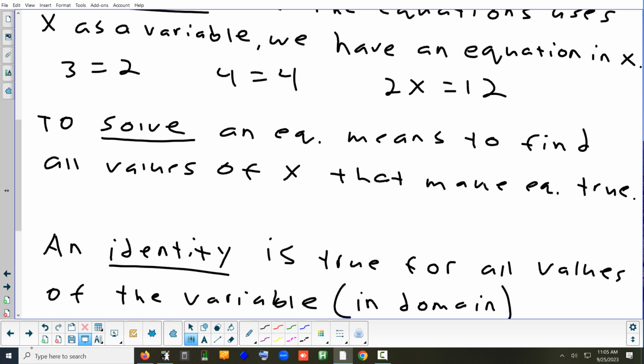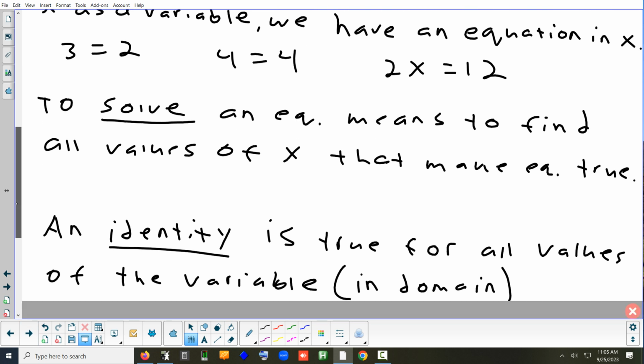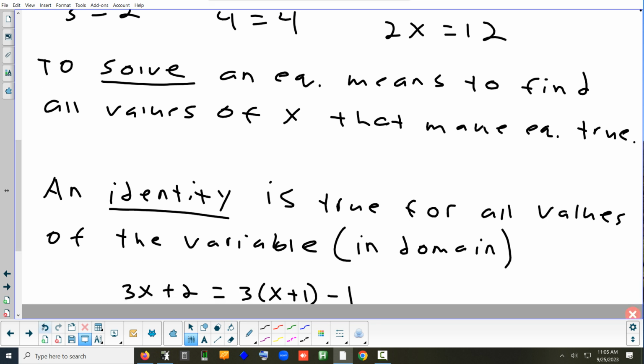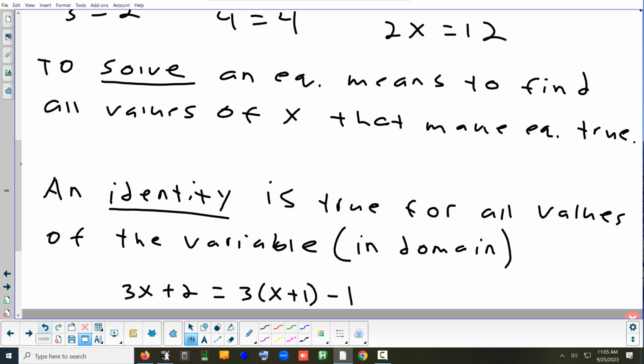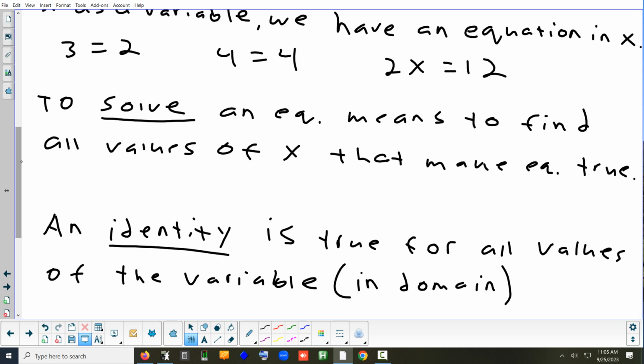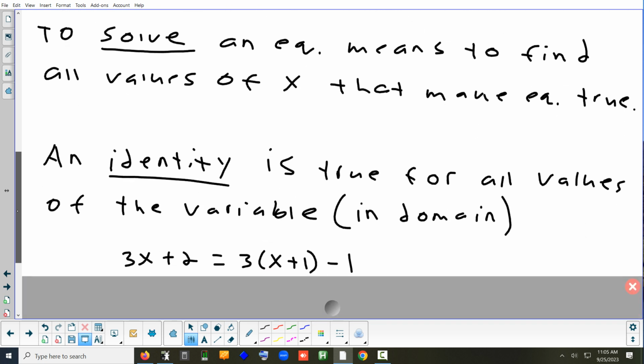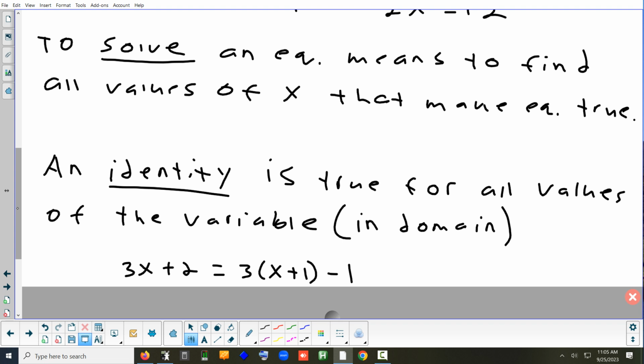So an identity is an equation that is true for all values of the variable. Now, 4 equals 4 is an identity. You probably wouldn't be given that as a problem. You'd be given something more like this, where if you look at it, maybe in the first second, it's not clear that it's an identity. But if you do the distributive property on the right-hand side, you get 3x plus 3 minus 1.